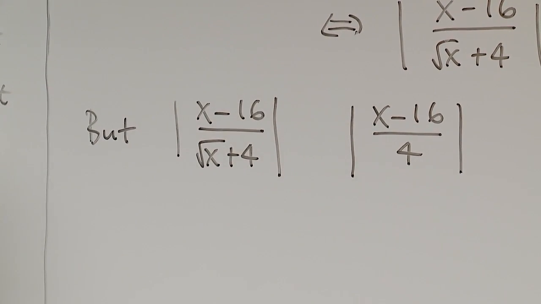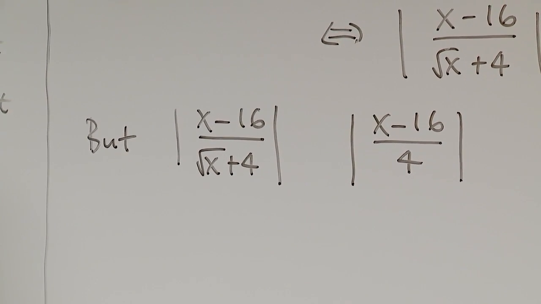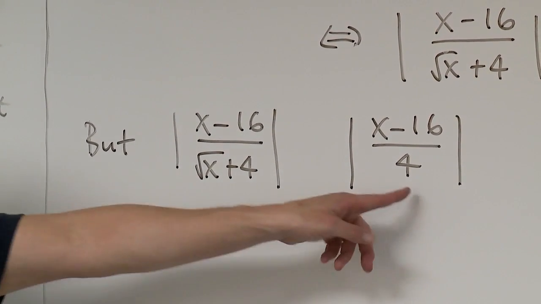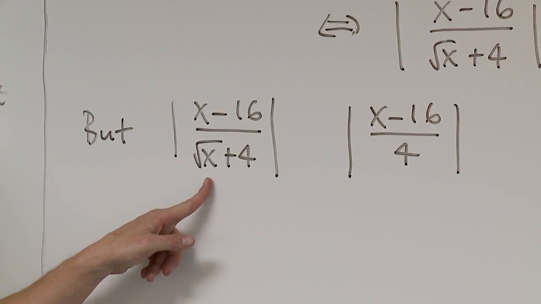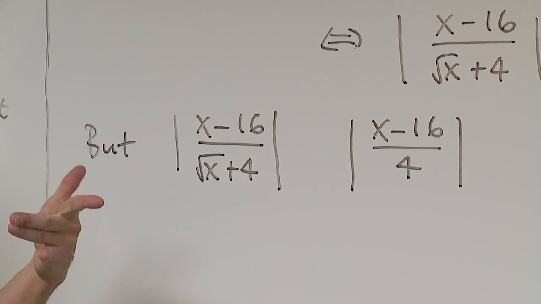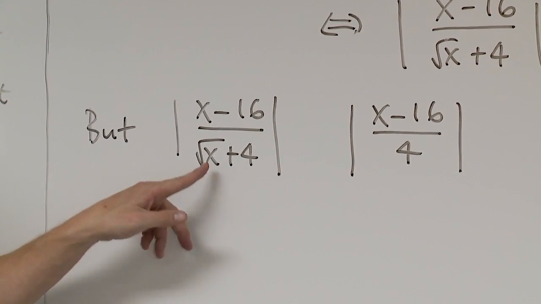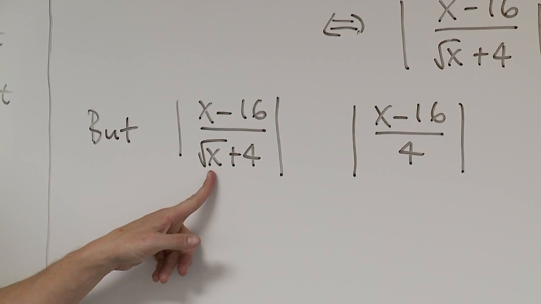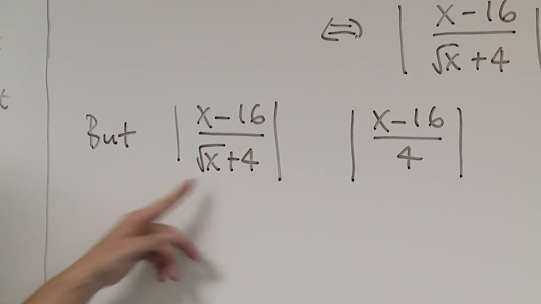Which of these fractions is bigger? The one on the left or the one on the right? The one on the right is bigger because it has a smaller denominator, right? Because we know square root of x can never be what kind of number? We talked about square root as a function, and the whole planet has agreed that it will never give a negative output. So this square root of x can't be negative, meaning that we're taking 4 and we're adding something which is at least 0 to it.